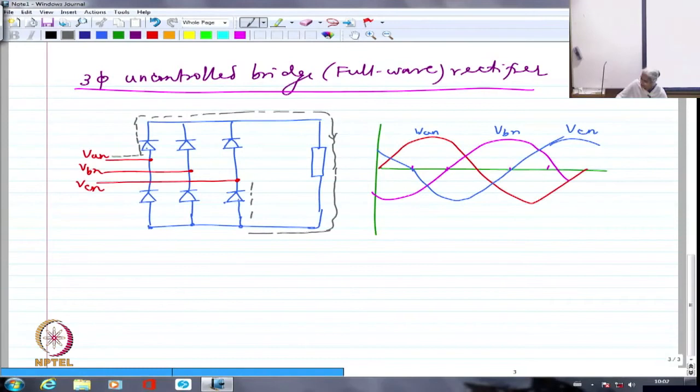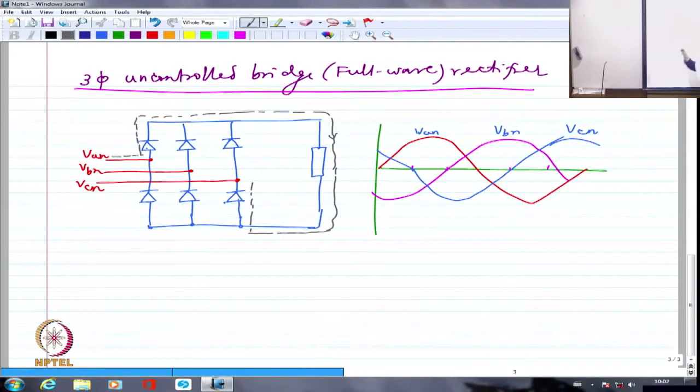So I need necessarily one diode from the upper side and one diode from the lower side from some other leg, not in the same leg, to complete the path for the current. Otherwise, it will not work properly.